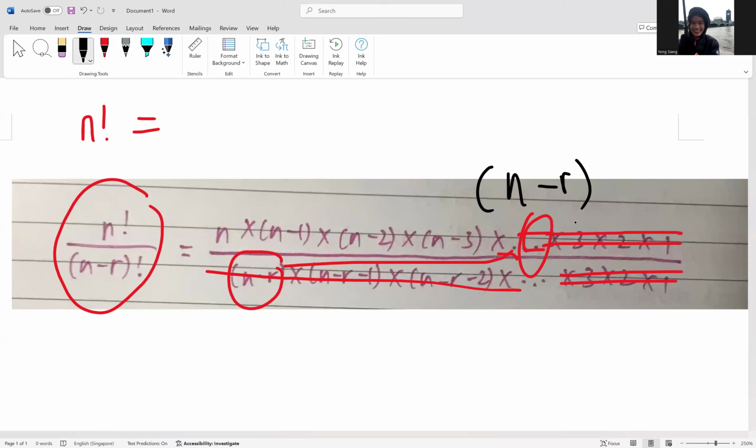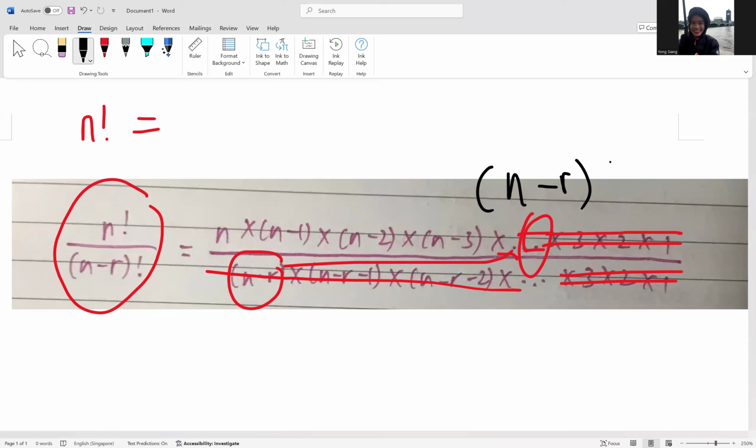Now, recall the definition of factorial. Every time there's a factorial, we are going to count down all the way until 1. But now, since there are some terms that get truncated away, especially the whole denominator, what you're going to say is that for n minus r, on the right-hand side, like I told you, you are going to come down all the way until you reach 1.